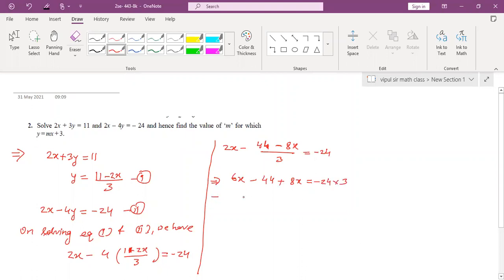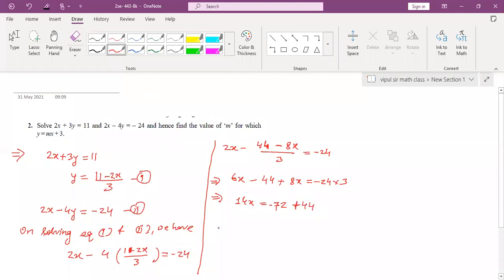Now 6 plus 8 is how much? 14. So 14x is equal to minus 24 times 3, which is minus 72, and plus 44. I have taken this minus 44 to this side.